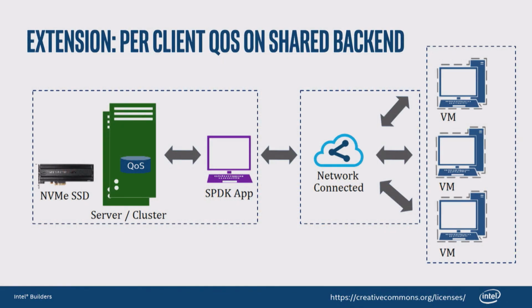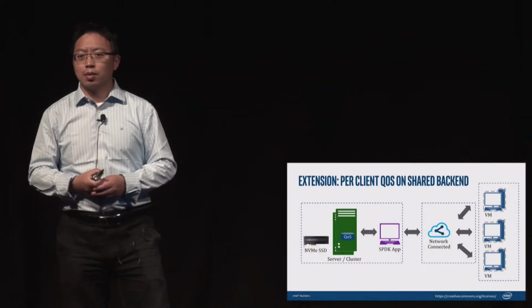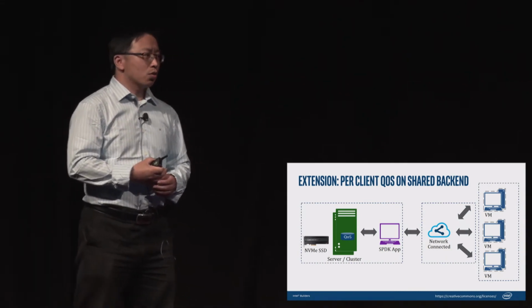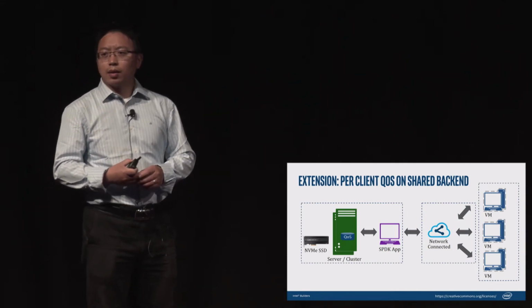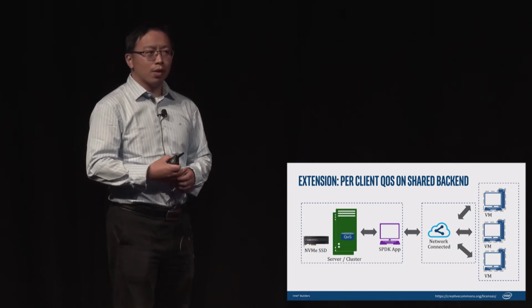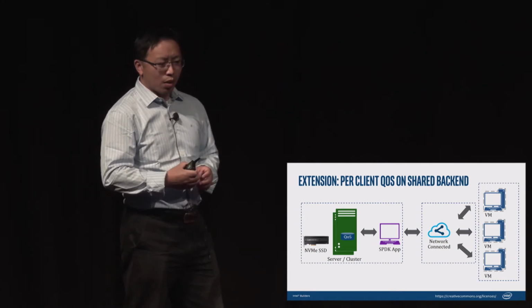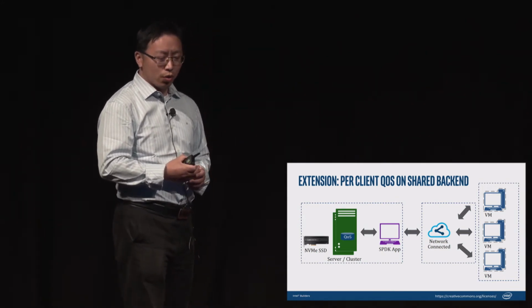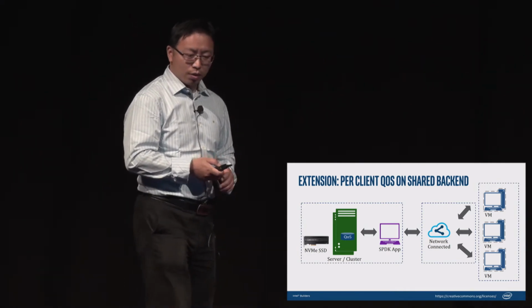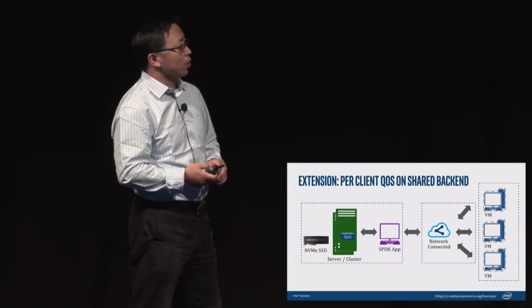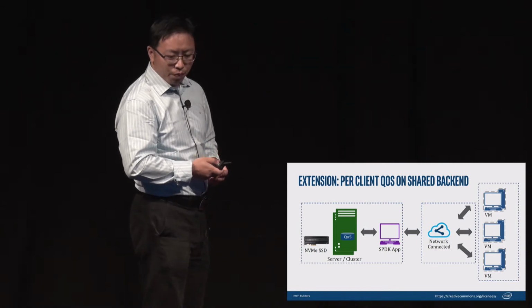So next I'll talk about one extension that we try to support, the per client QoS on shared backend. This is actually based on the pass-through virtual vBdev, and as mentioned, we have some on-hand lab later in the morning, and you can also have some experimental work on this module.